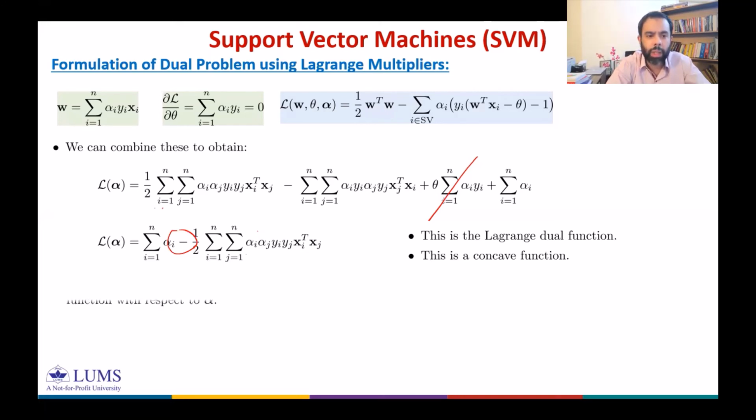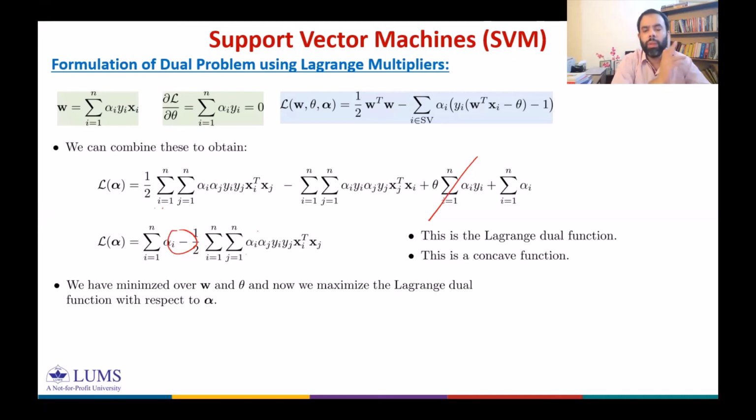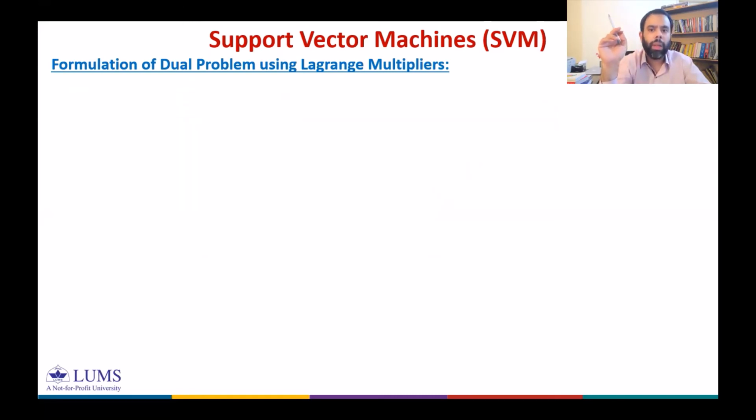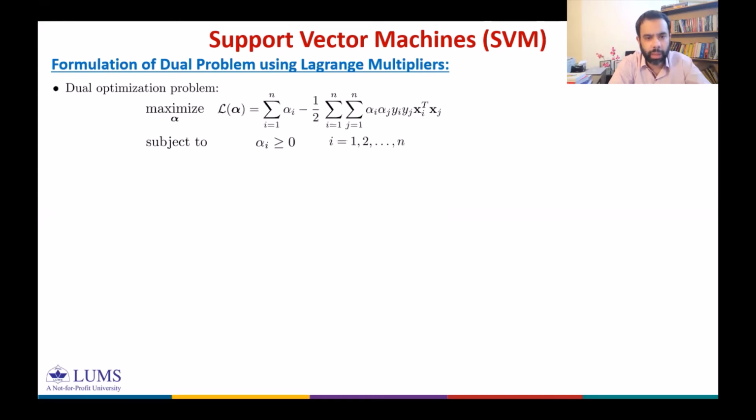We have minimized over W and theta, and now we have the Lagrange dual function. If you recall the dual problem, in the dual problem we maximize the Lagrange dual function. And we're all set to define the dual optimization problem. That is, we maximize the Lagrange dual function subject to conditions on the weights, the Lagrange multipliers.